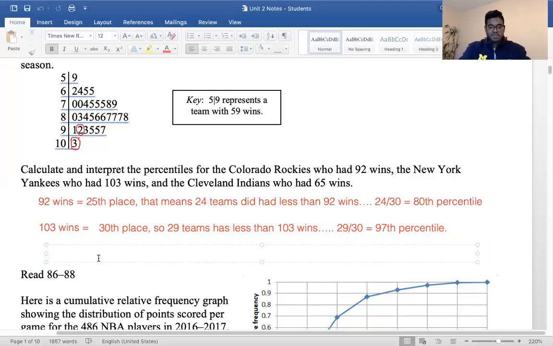So now, next one is 65 wins. And 65 wins is right here. Well, how many teams did worse than me? Again, I'm looking strictly at the teams that did worse than me.